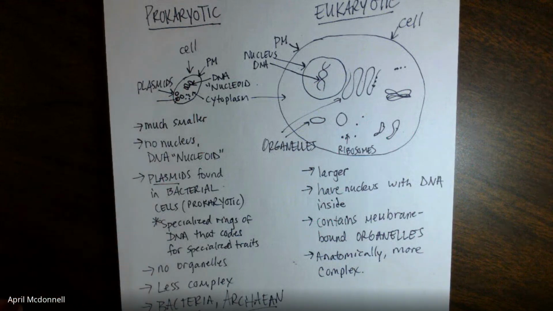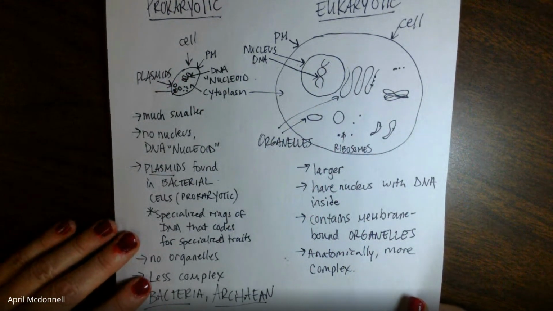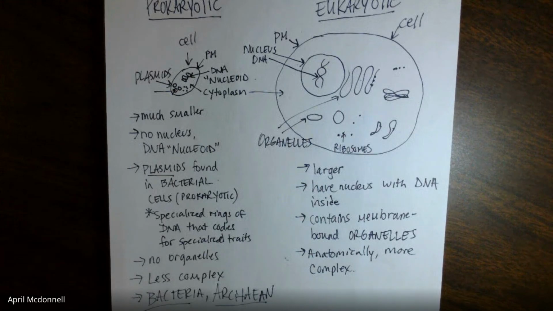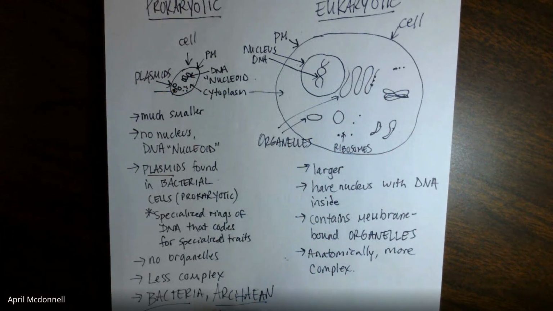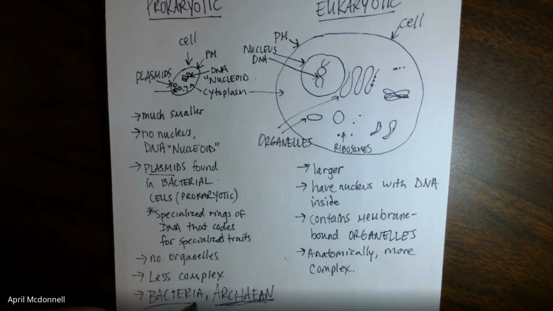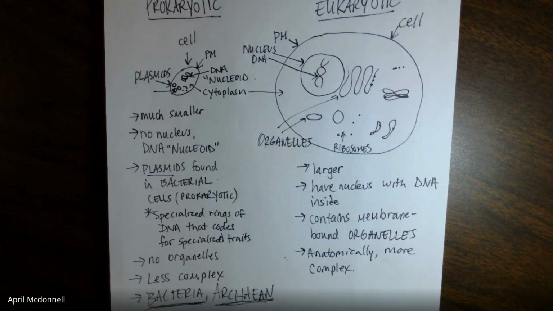Bacteria and archaean organisms are going to be composed of prokaryotic cells. Please read a little bit more about archaean types of cells in your online textbook. In this class, we will briefly discuss bacterial cells in order to compare them to plant and animal cells.